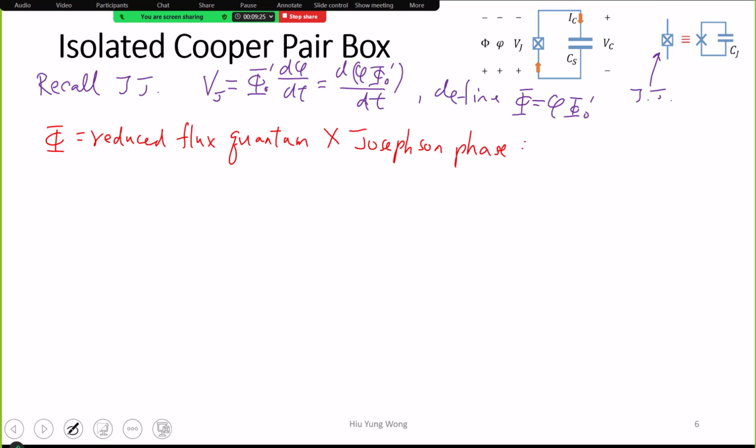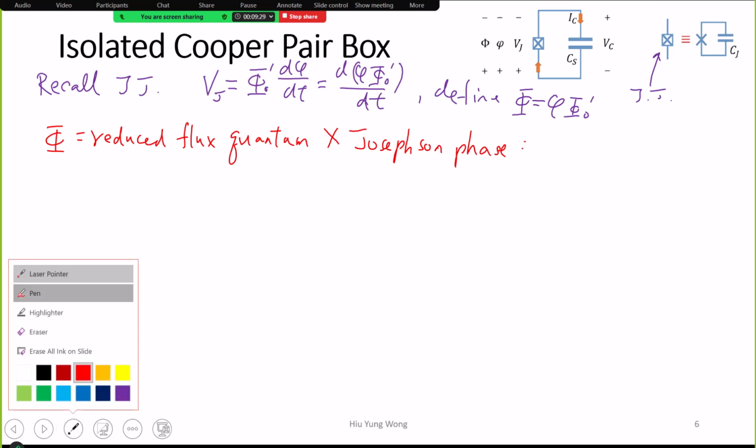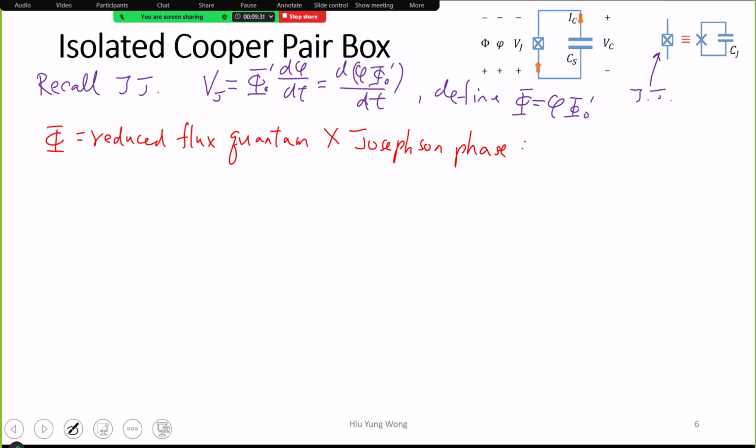And this whole thing, I'm basically saying that Vj equals d phi dt. So this flux acts like flux.